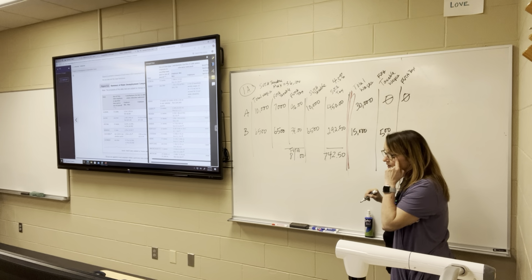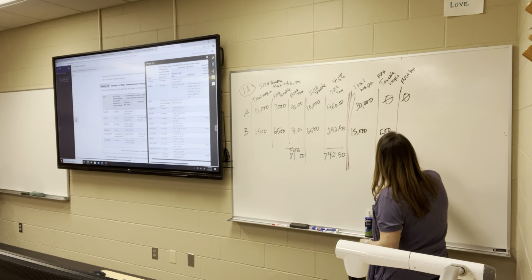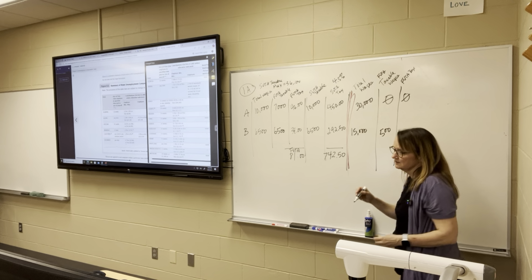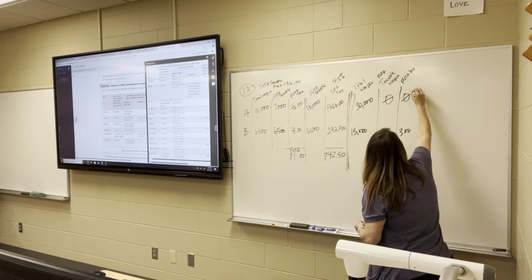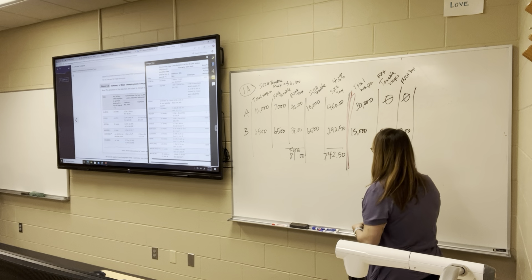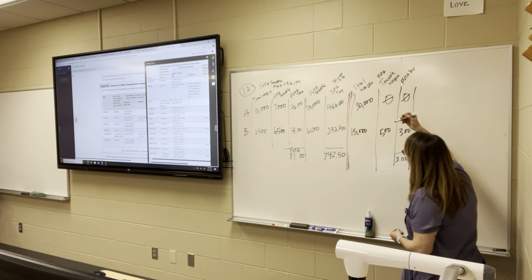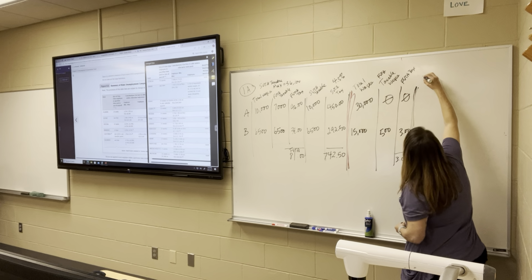Because anything times 0 is going to be 0. What's our FUTA tax here? $3. All right. That's all we have to pay. Now let's look at SUTA. I know I'm running out of room.